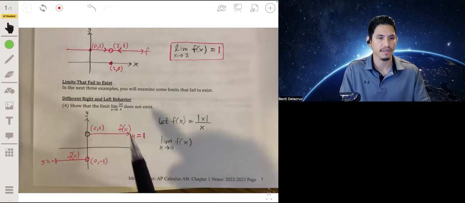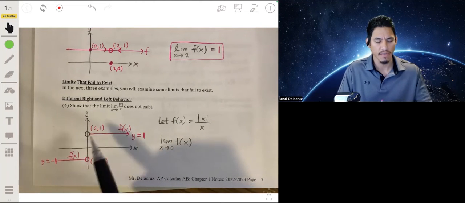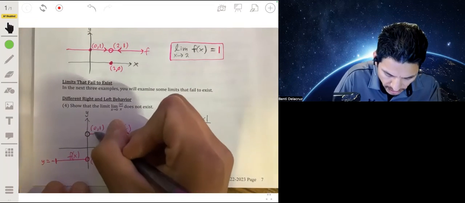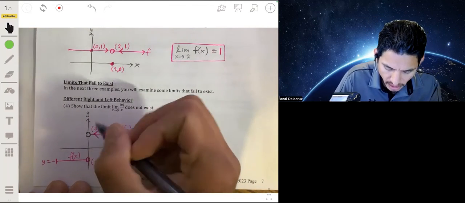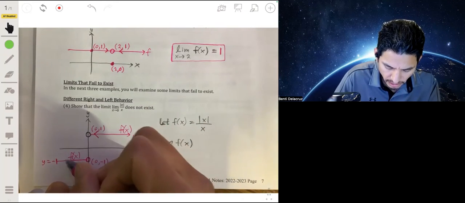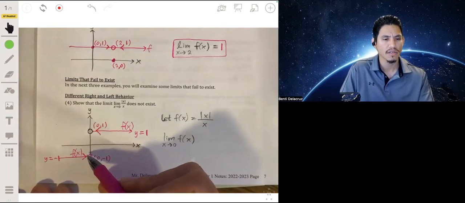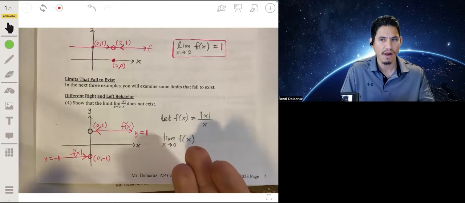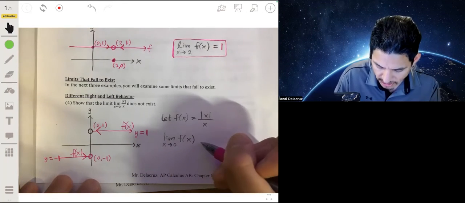Now let's think about this. When x is approaching 0 on this line, it's going to be equal to 1. The y value is 1 on this line. But when you're approaching 0 on this line, the y value is negative 1. So what's the answer then? This is a case where the limit does not exist.